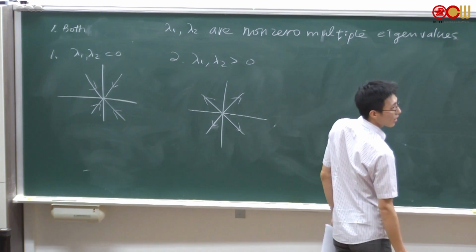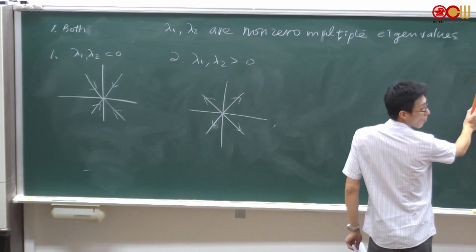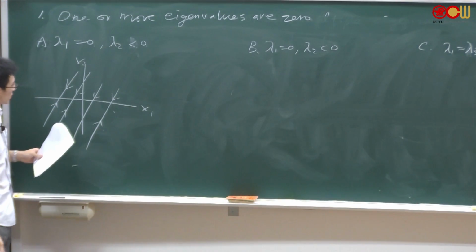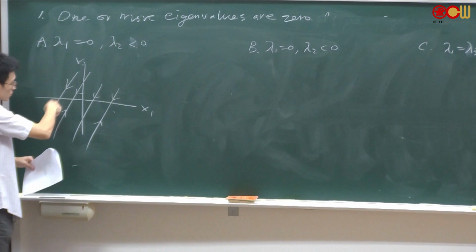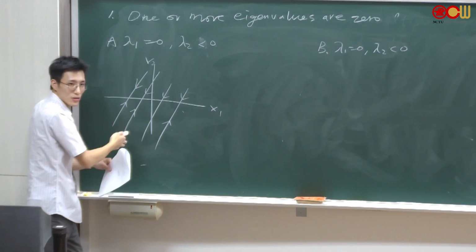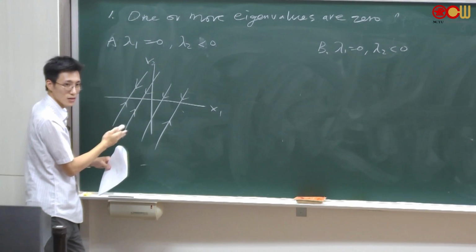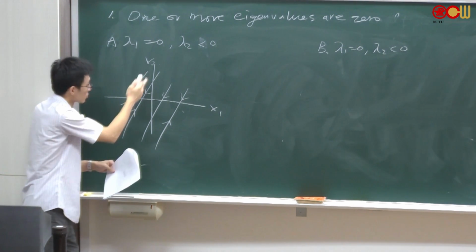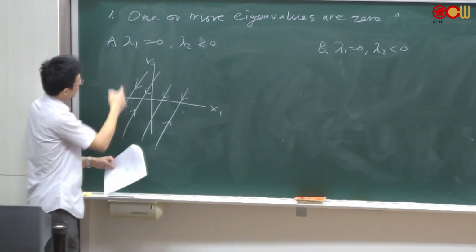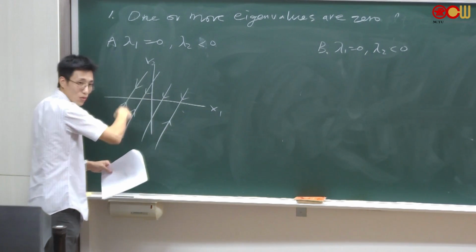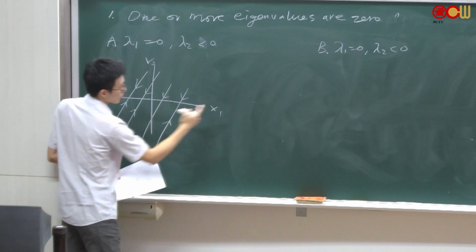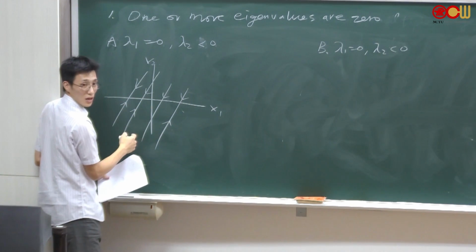And the final case, one or more eigenvalues are 0. So if one is 0, it goes this way. This direction depends on the eigenvector of one of the eigenvalues. Because one of them is 0, it goes in one direction. It's kind of one way. The difference between this one and this one is that this one is stable.